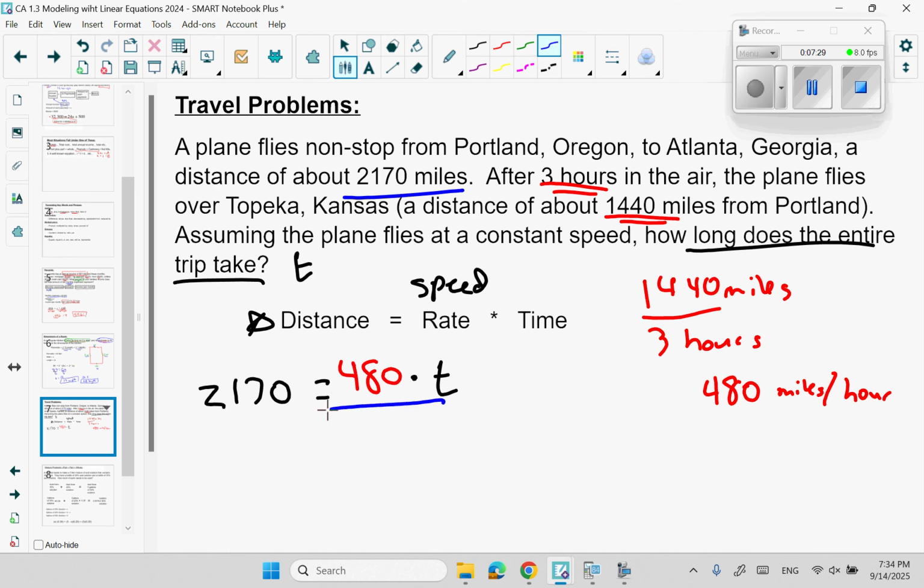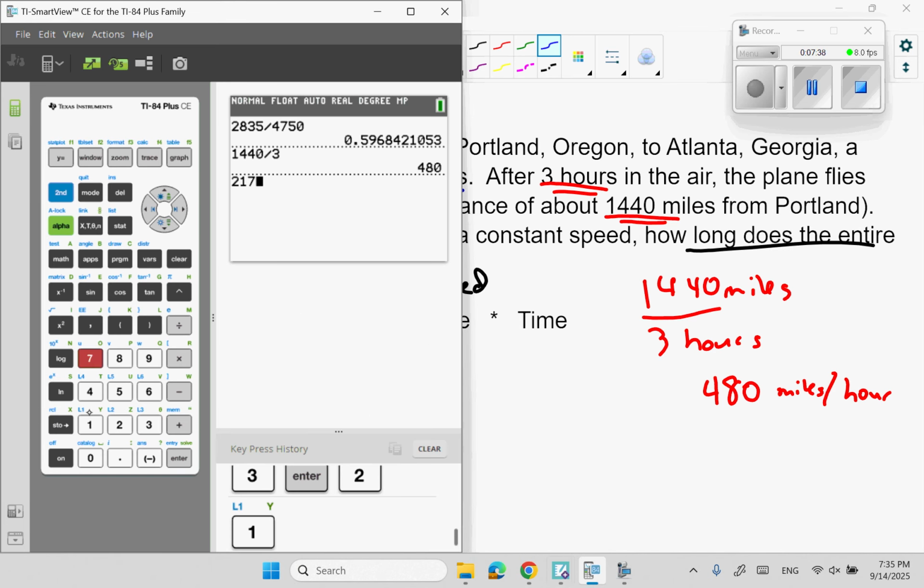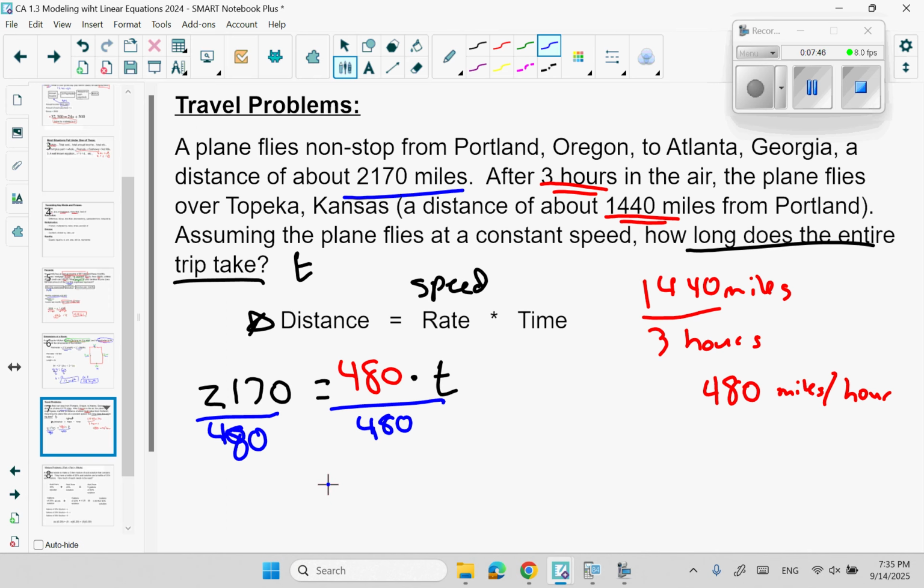Naturally, to get t by itself, we can divide both sides by 480. So we get 2170 divided by 480. So we get about 4.5 hours.